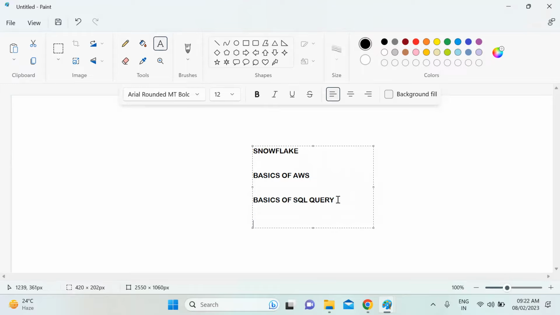And also we'll go with the basics of the ETL process. And also we will go through multiple integration possibilities, integrations with BI tools as well as well-known ETL tools.